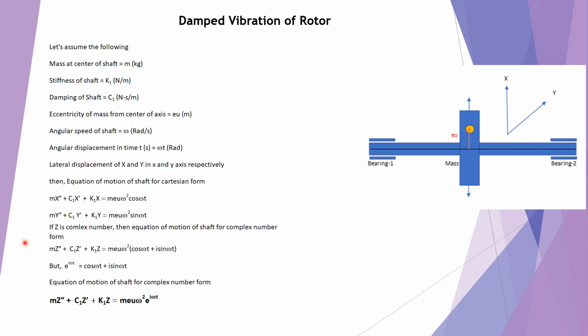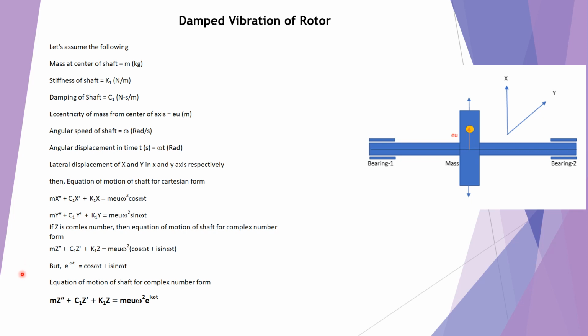If z is the complex number, then the equation of motion of the shaft in complex number form can be written as m z double dot plus c1 z dot plus k1 z is equal to m eu omega square, bracket cos omega t plus i sin omega t, bracket close.